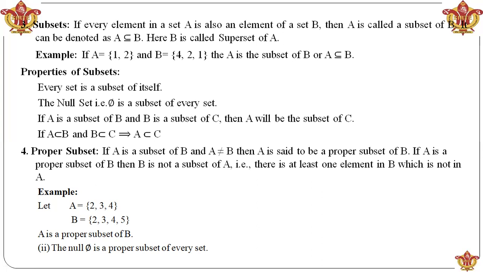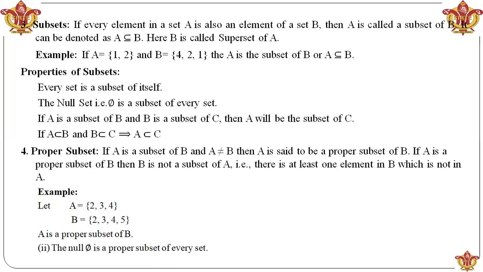In the continuation of types of sets, we will discuss the proper set. What is a proper set? If A is a subset of B and A is not equal to B, then A is said to be a proper subset of B. If A is a proper subset of B, then B is not a subset of A. That means there is at least one element in B which is not in A. Let's take an example to understand.